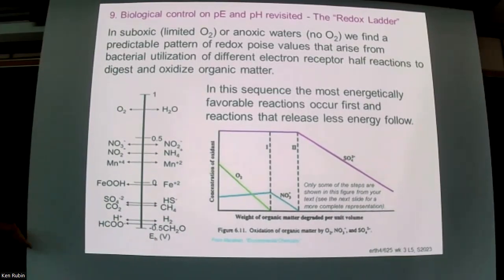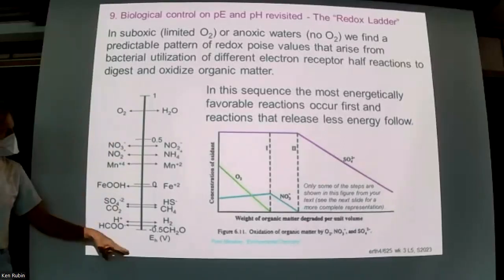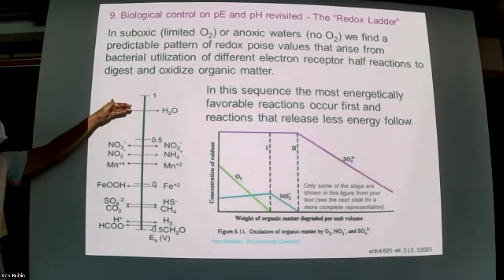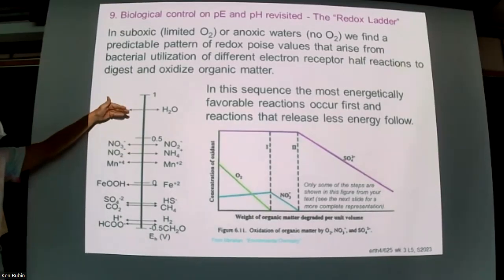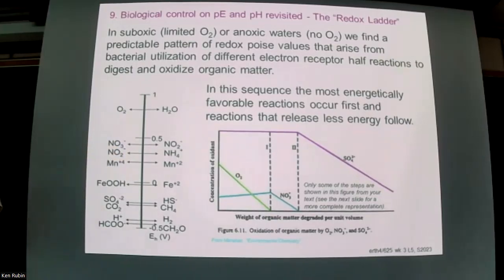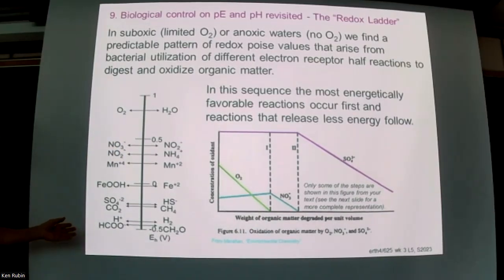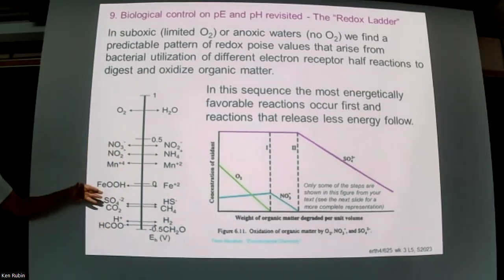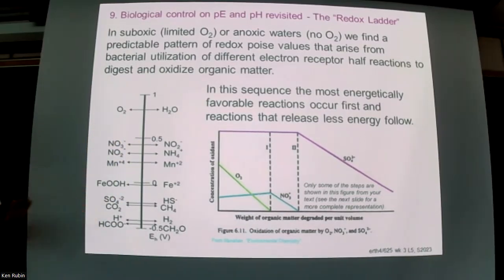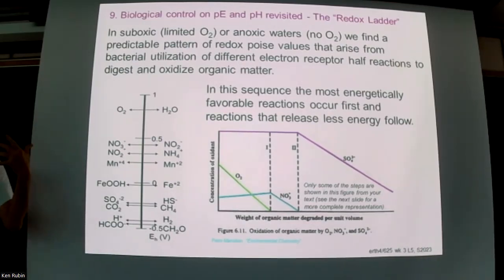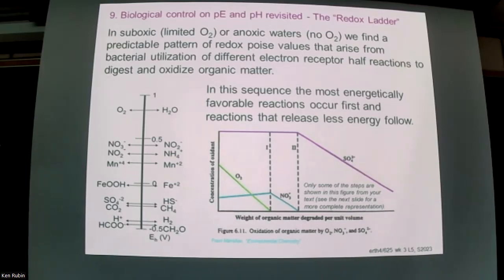They've been drawn in this order on this diagram of EH to show you that as we migrate away from the atmosphere, we move down, and various reactions set or poise the PE of the system. And so these are common poise values that we find because one or another of these reactions is governing the availability of electrons, which is affecting how every other chemical in the environment behaves.